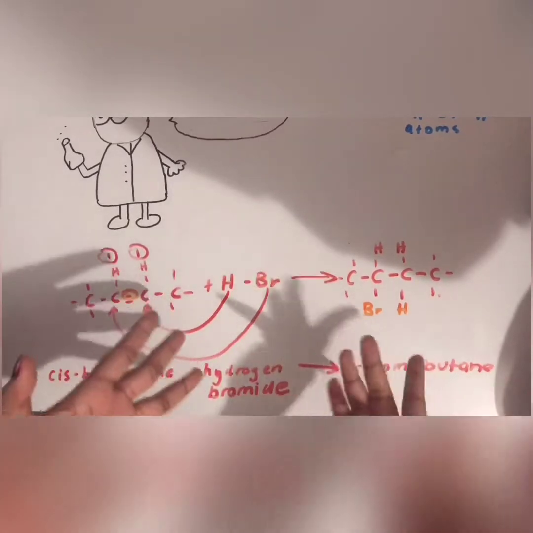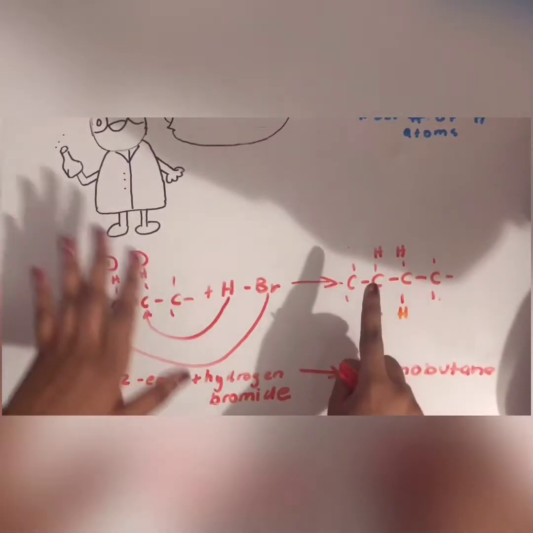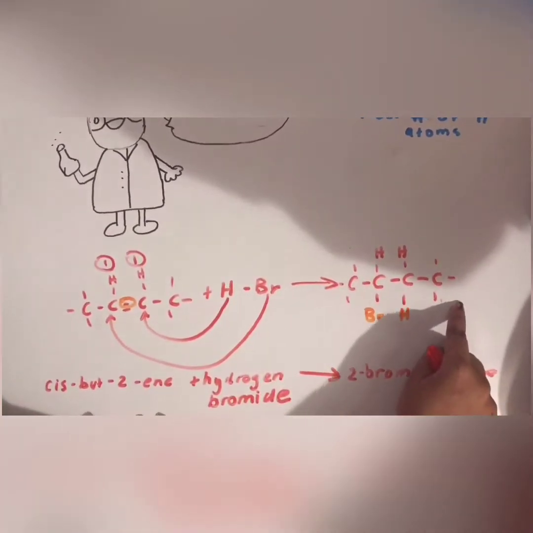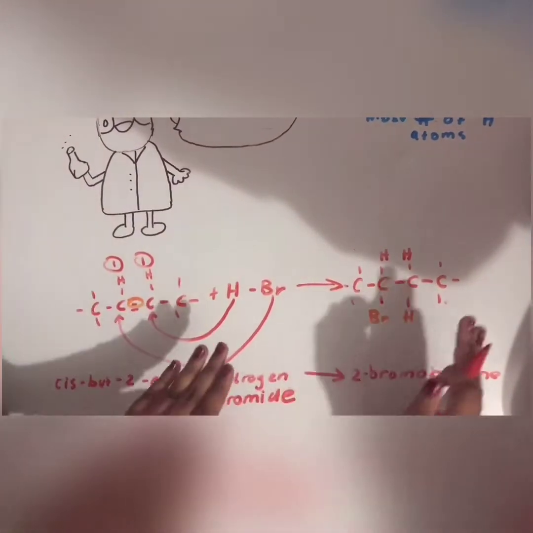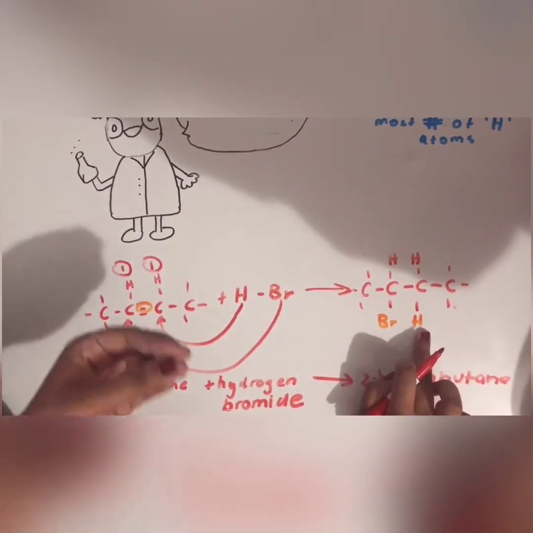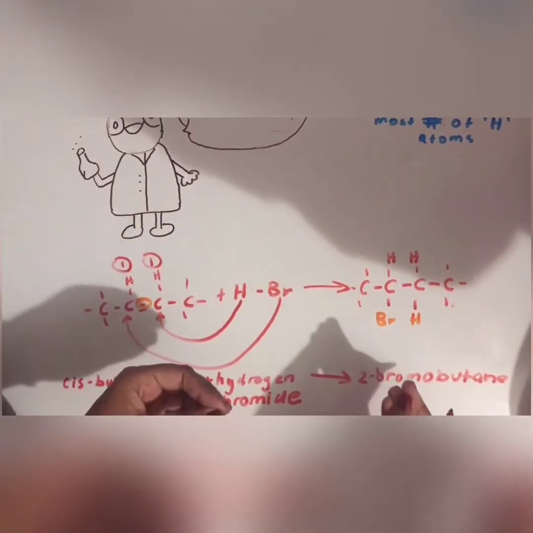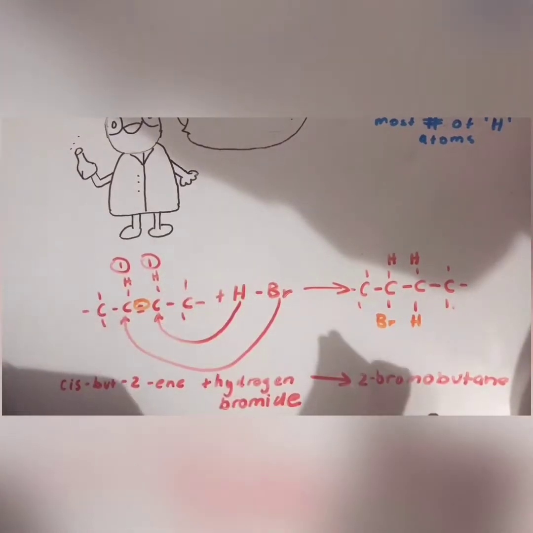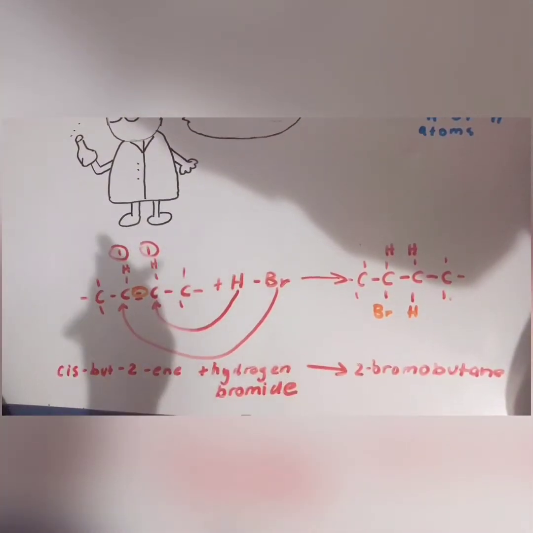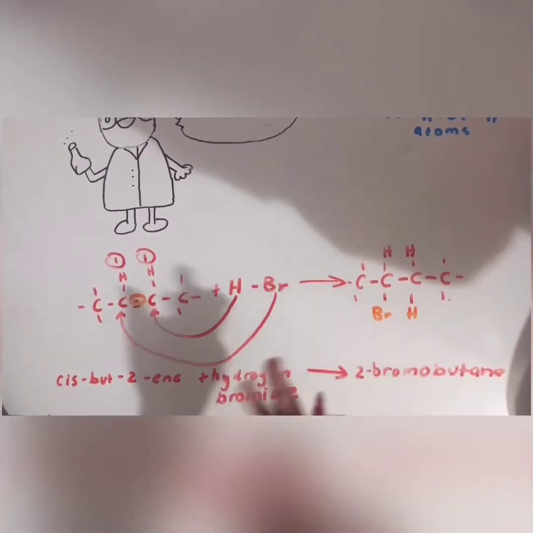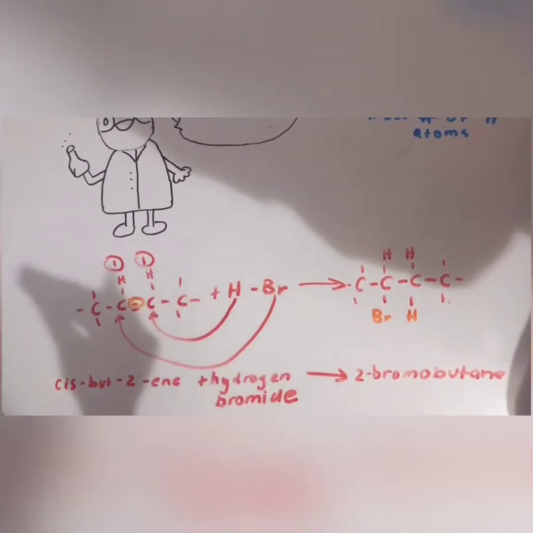So if you number the parent chain from left to right, right now the bromine is on the second carbon. If it was on the carbon where the hydrogen is bonded to, if you number from right to left, then it would also be on the second carbon. So in this case, it doesn't matter if the bromine and the hydrogen were flipped.